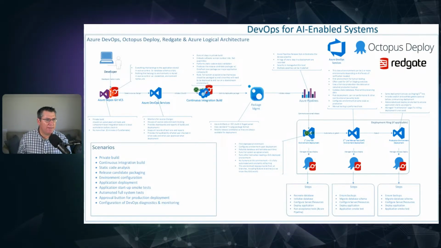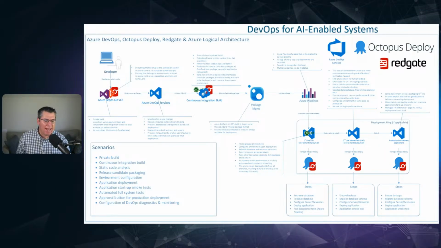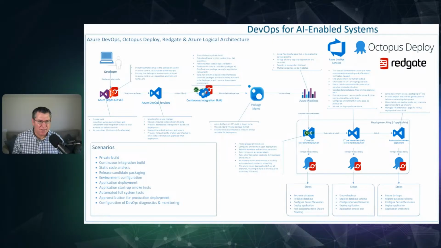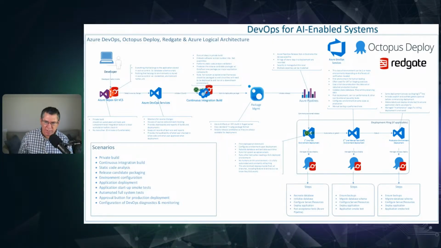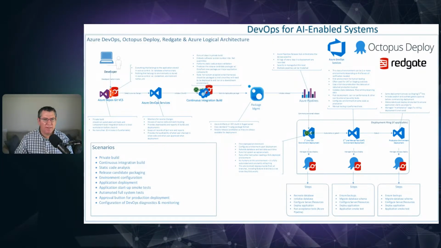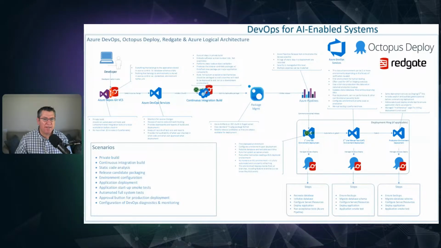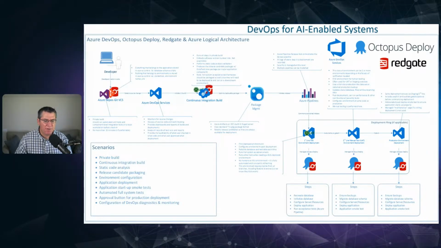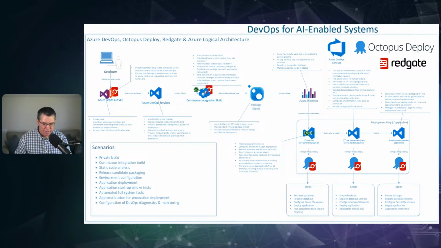And the architecture, this one does call out Azure DevOps, but actually in the demo today, I'm going to use GitHub Actions paired with Octopus Deploy for a pipeline. And I just want to stress that you can't properly have a complete DevOps environment if you don't fully implement continuous integration. And I'll touch on why later.